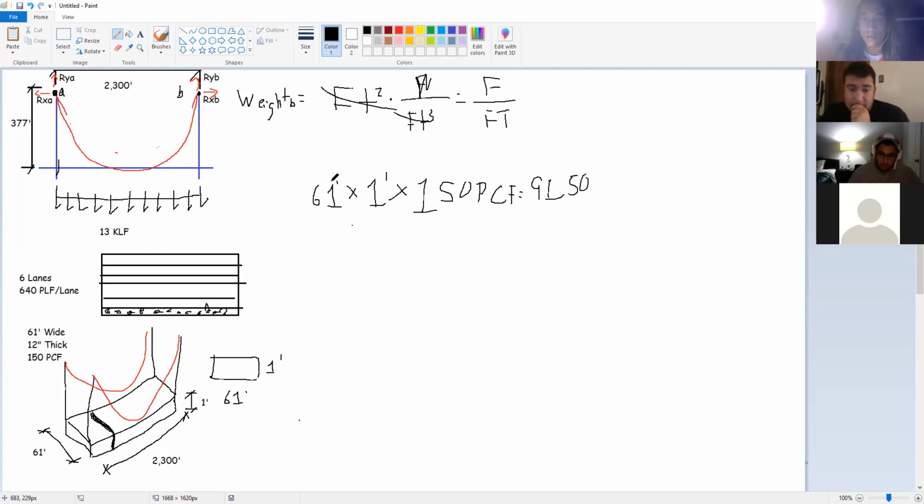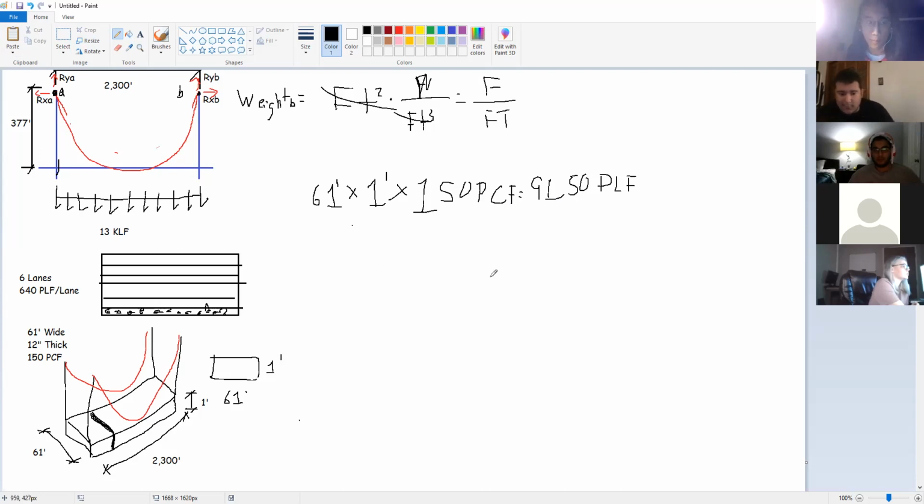Then you have a cubic foot, so that simplifies down to pounds per linear foot. You went from pounds per cubic foot, multiplied by a length value, which reduces it down to pounds per square feet. Multiply it by another length value, it goes down to pounds per linear foot. Does that make sense? And this is the weight of the deck. Yes, so we're calculating the weight of the deck right now.